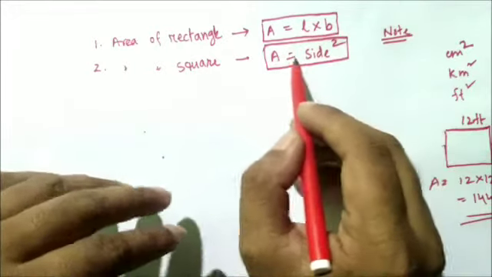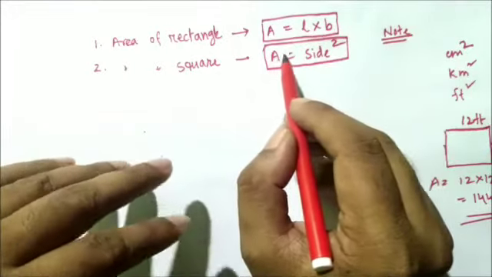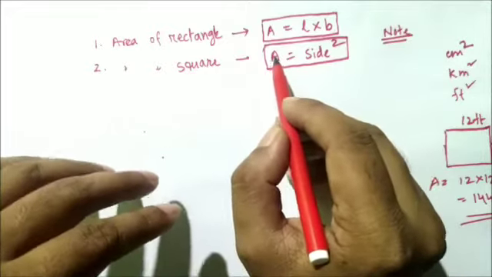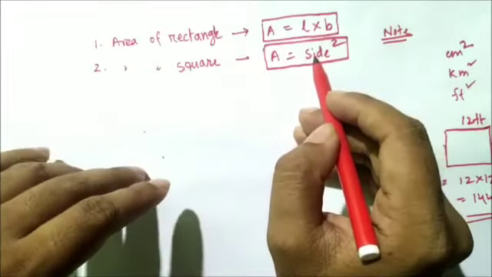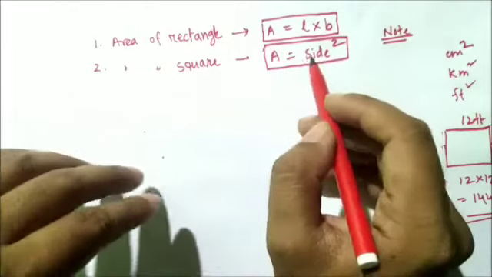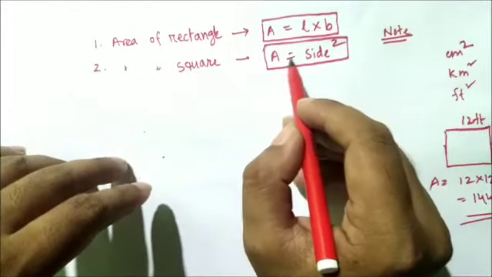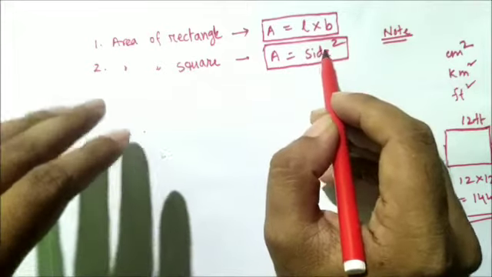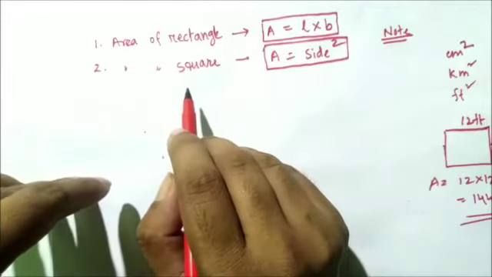Similarly, sometimes you will be given the side of a square and asked to find the area, and sometimes given the area of the square and asked to find its side.